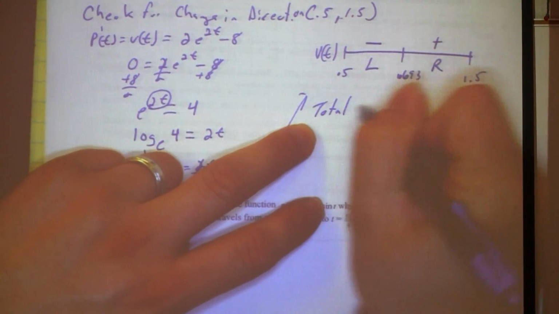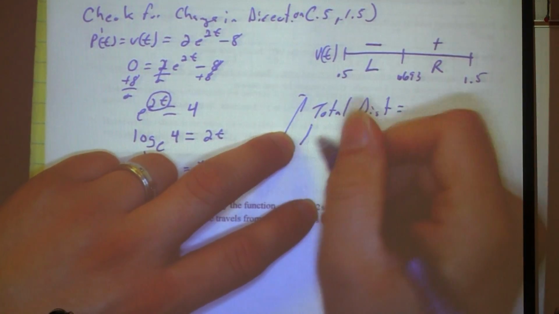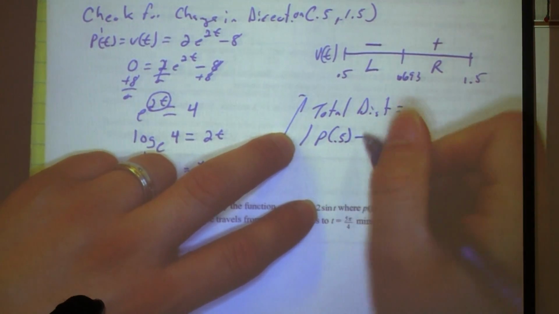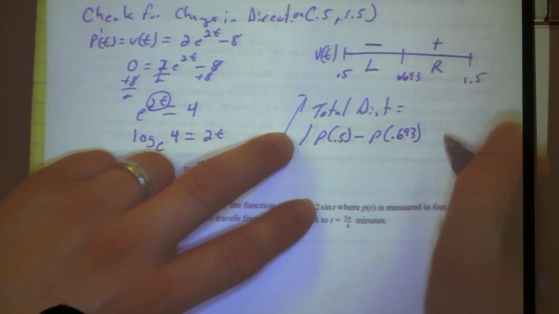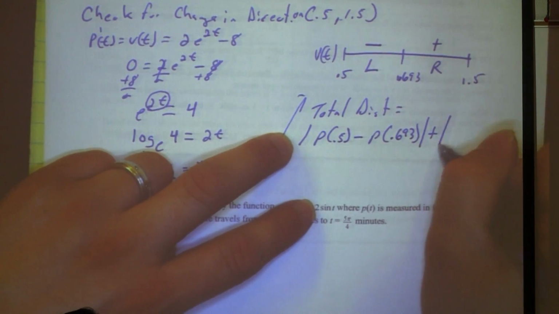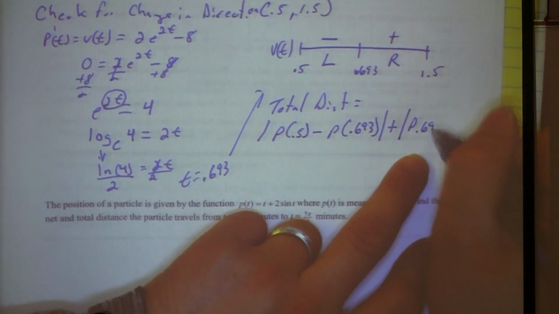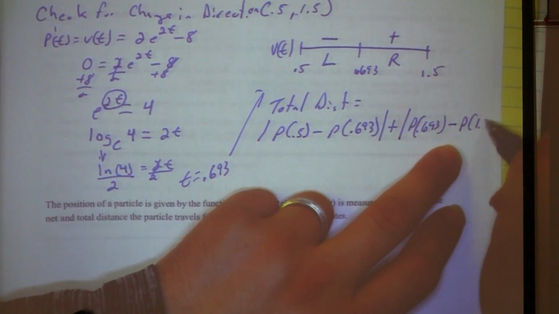Let's do it. It's going to be the absolute value of P of 0.5 minus P of 0.693, plus the absolute value of P of 0.693 minus P of 1.5.